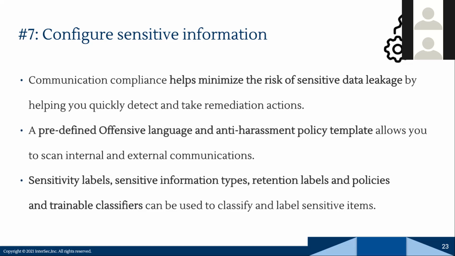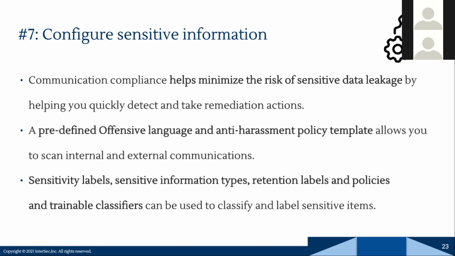This includes mainly email and Microsoft Teams communications. This will include inappropriate communications, which may contain profanity, threats, harassment, and communications that share sensitive information inside and outside of your organization. That's why Microsoft offers a predefined offensive language and anti-harassment policy template, which allows you to scan internal and external communications for things that might risk your organization's integrity or data.